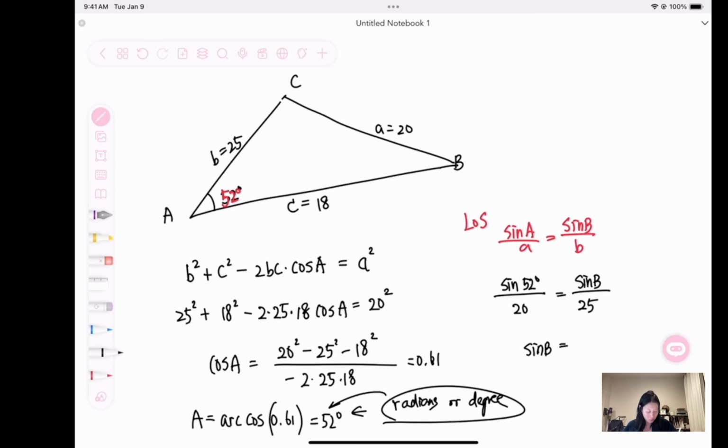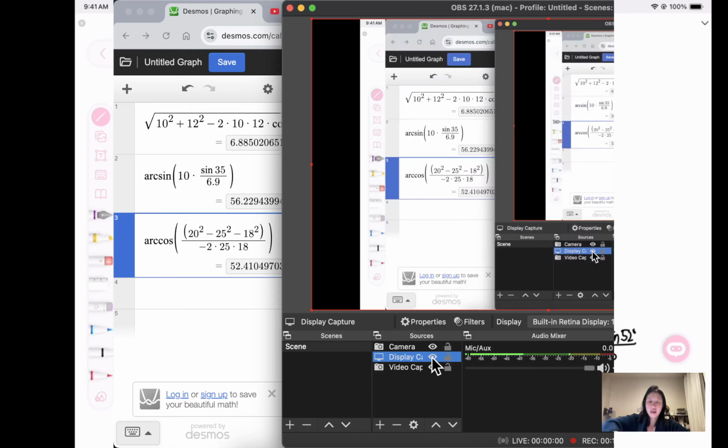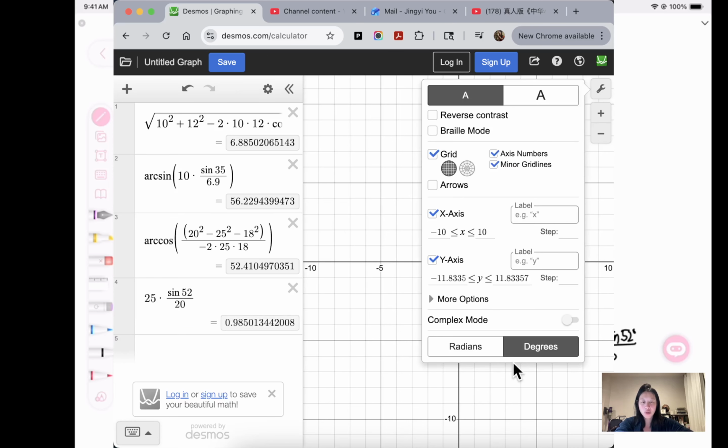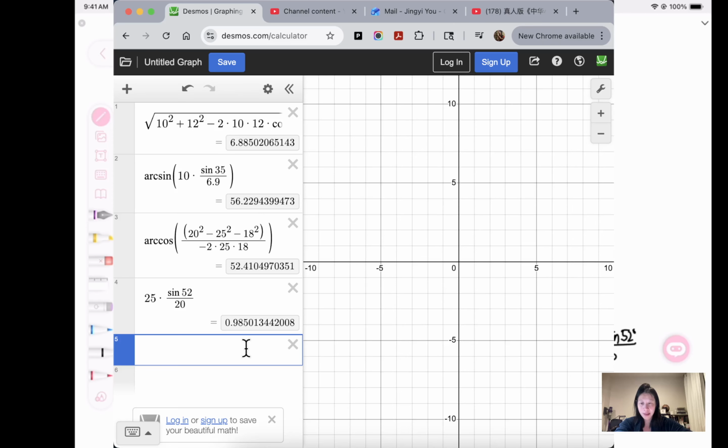So sine B is equal to 25 times sine 15 degrees over 20. Now let's do it. Again, here is where you need to check if you use degrees or radians. So it's equal to 0.985.